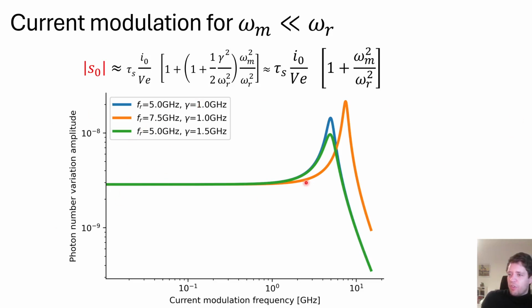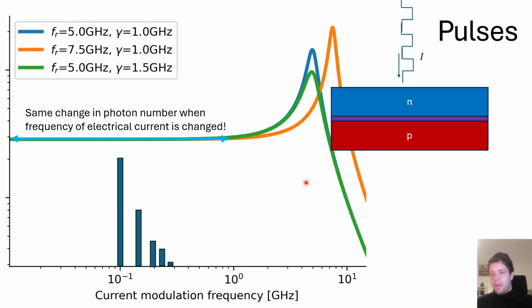So what does this flat region actually tell us? Well, it tells us that if we imagine that we have a diode like so, and that we feed a train of electrical pulses into the diode, then as long as the harmonics of these pulses are low compared to the resonance frequency, they're all going to be located in this flat region right here, which means that they all get mapped one-to-one to the optical domain.